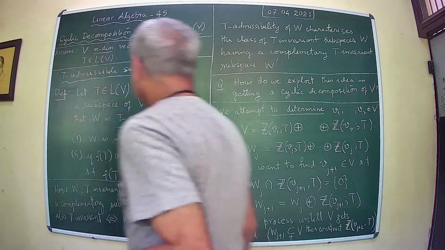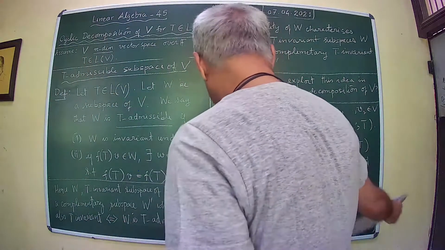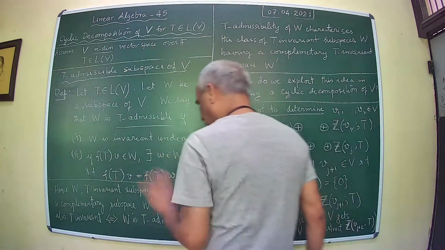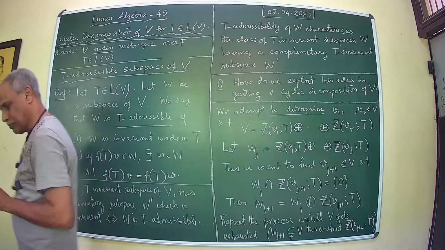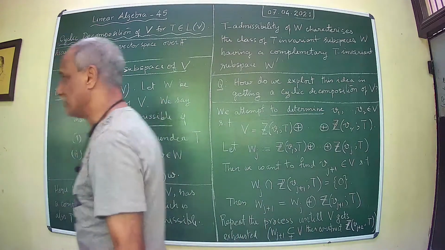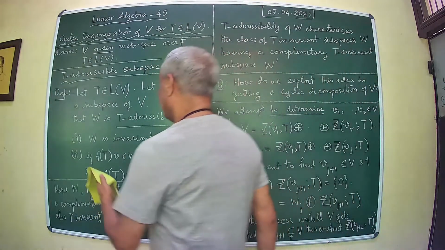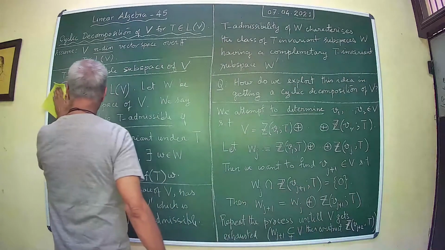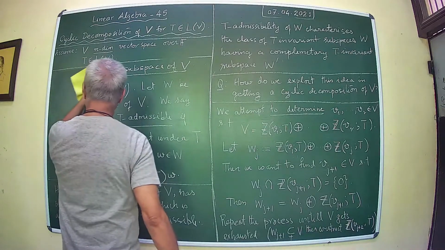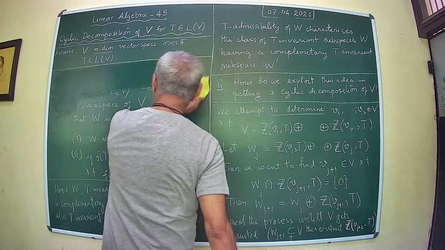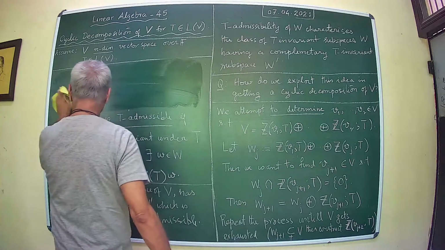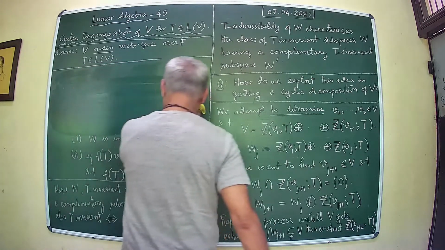After all, it's a finite dimensional space. Therefore, the process has to terminate in a finite number of steps. So, since we are working on finite dimensional spaces, the process has to terminate in a finite number of steps. So let us explore this idea.